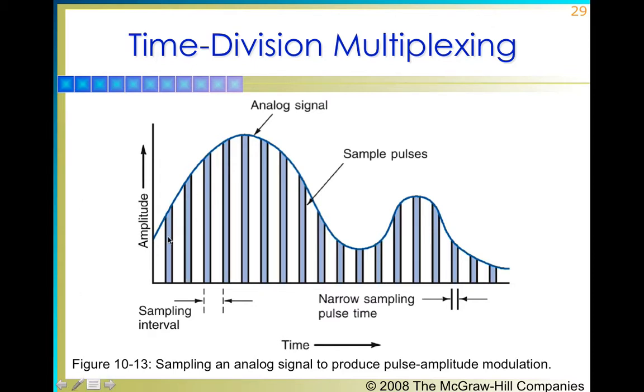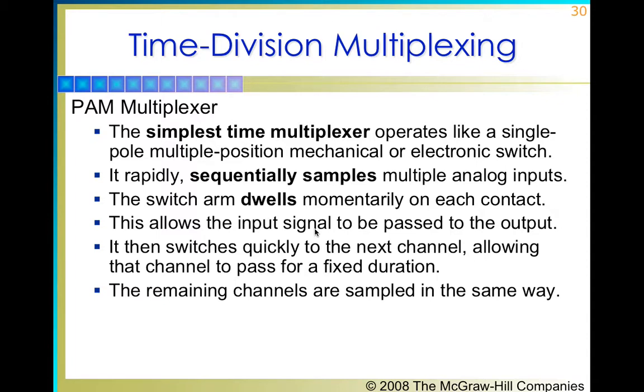And over here you can see these are the rectangular pulses which are following the shape of the signal, and these can be used to represent the signal, and this is called pulse amplitude modulation. So transformation of the analog signal into the sample pulses is called pulse amplitude modulation, which is the first step towards time division multiplexing.